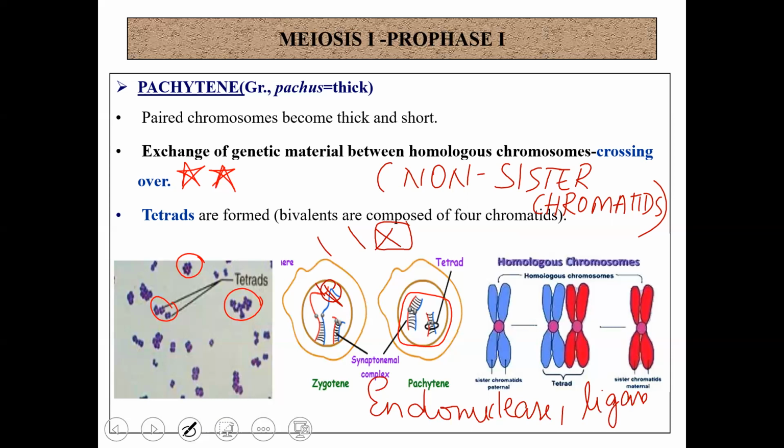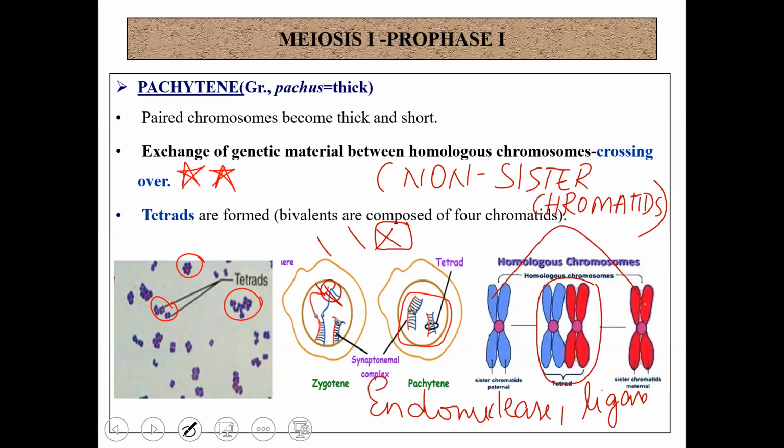Now, when there is genetic crossing over, the genes or chromosomal segments undergo a lot of changes, and crossing over plays a very important role in the recombination of genes in the chromosomes. The bivalents here form the tetrads, and these tetrads are the bivalents formed of 4 chromatids.